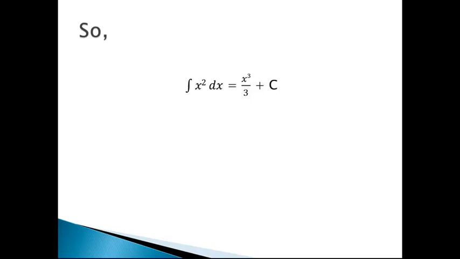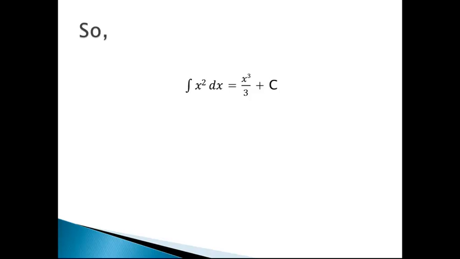And the derivative of x cubed over 3, you multiply 3 times 1/3, which cancels out, and take it down to the next lowest power, x squared, and so you're left with x squared. Since we end up with x squared when we take the derivative of x cubed over 3 plus a constant, we can see that we have correctly identified the integral of x squared.